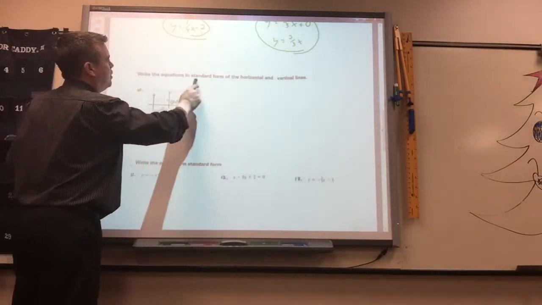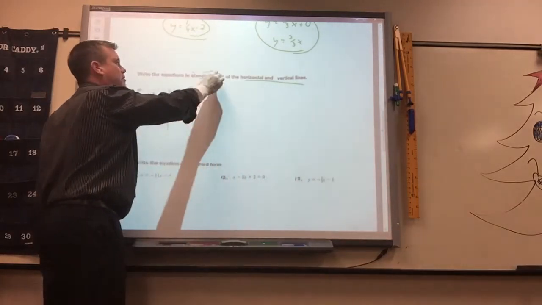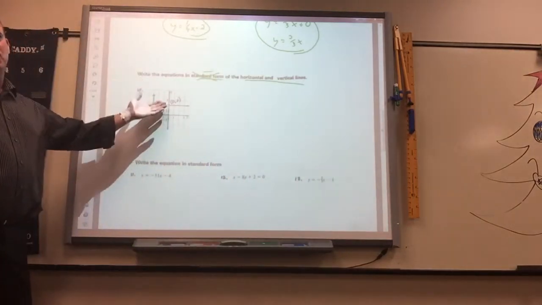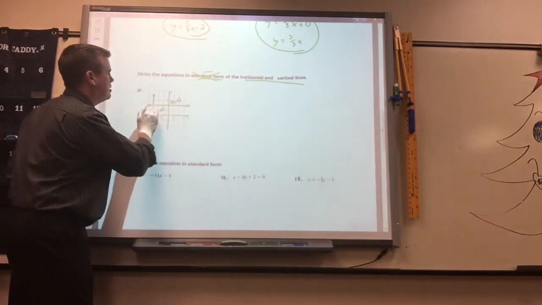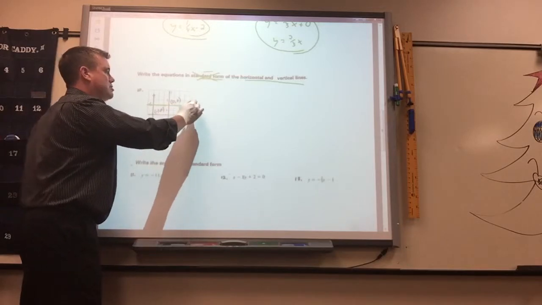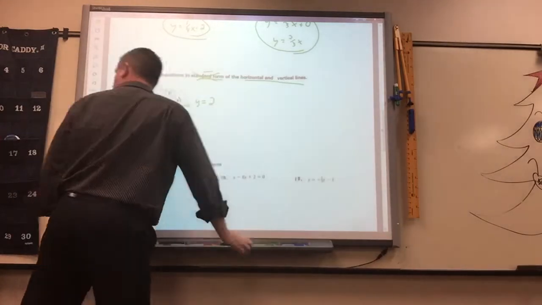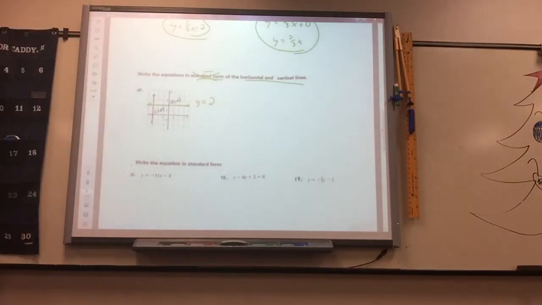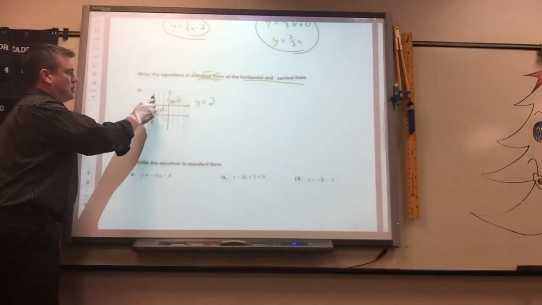Here, write the equation in standard form of the horizontal and vertical lines. Standard form you don't need to worry about on these because there's only one way to write them. This one crosses right there. So it crosses the y-axis at 2. This one crosses right there.